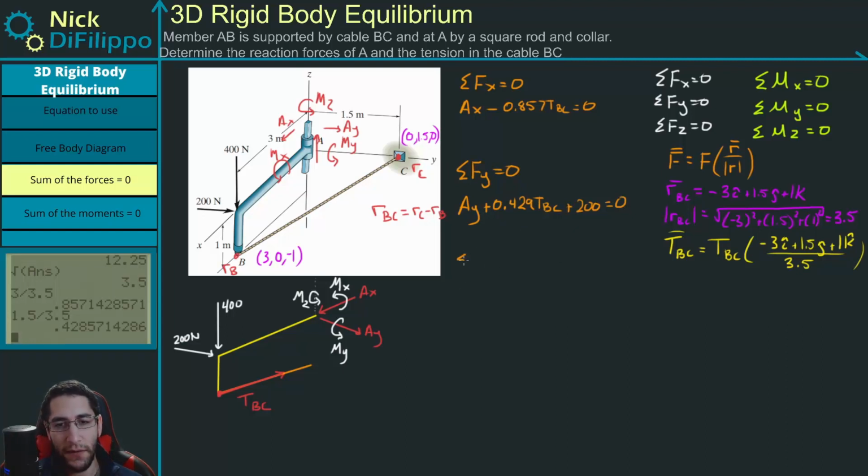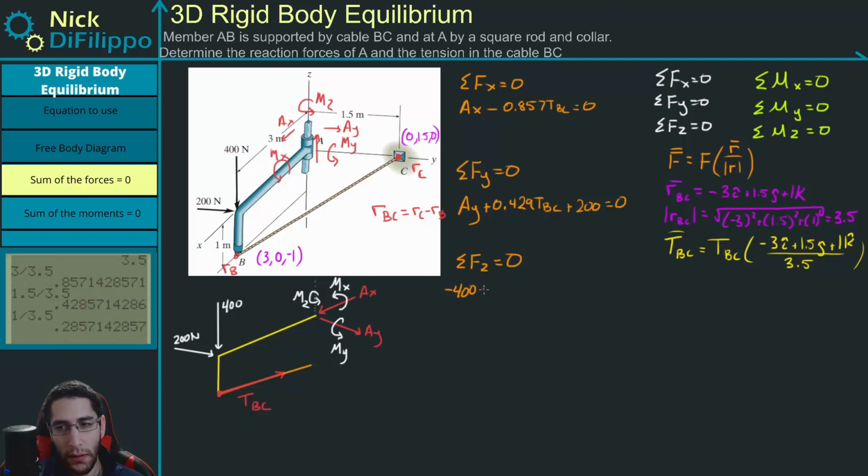I have the sum of the forces in the z direction is equal to 0. In the z direction, I don't have a reaction force. I have a minus 400 for this force right here. And then I have plus, what's 1 divided by 3.5? 0.286.